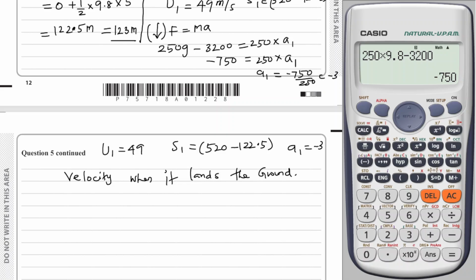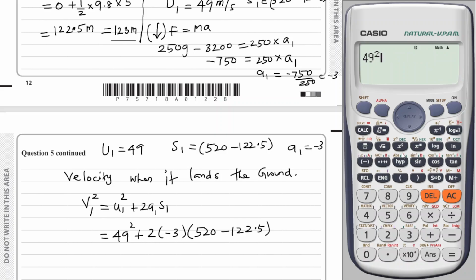So we can calculate v1 squared is equal to u1 squared plus 2 a1 s1. So u1 squared, that is 49 squared, plus 2 times minus 3 times the s1 value, which is 520 minus 122.5.